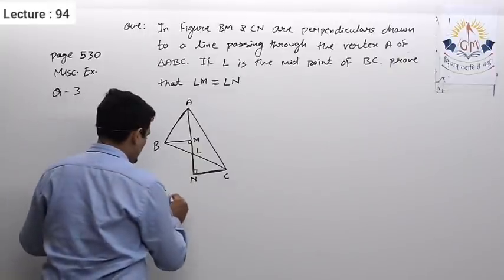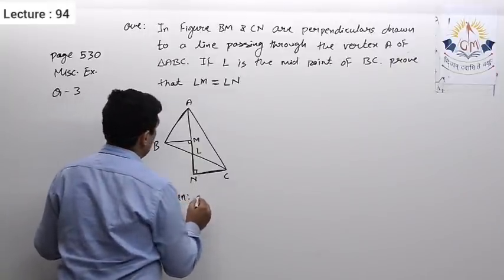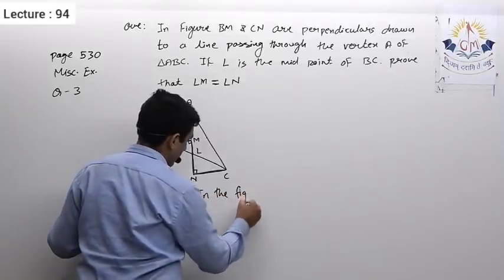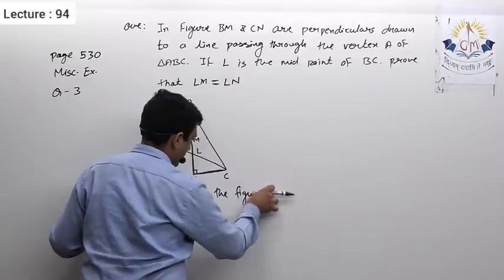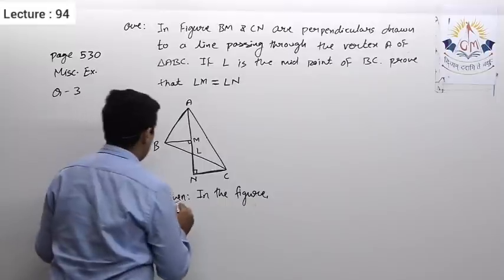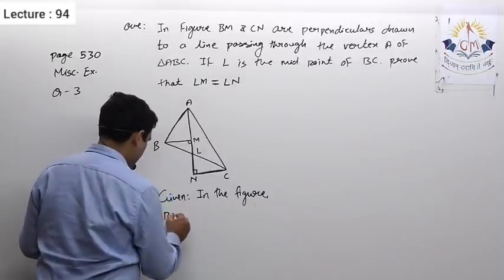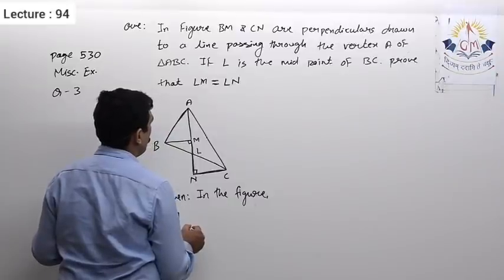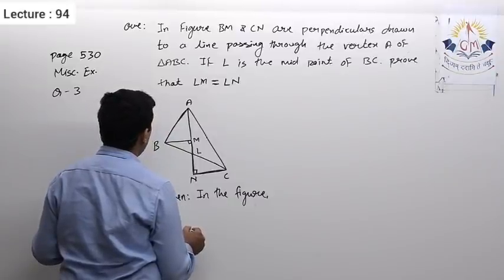So what we have given in the figure: BM and CN are perpendiculars to a line passing through the vertex A of triangle ABC.